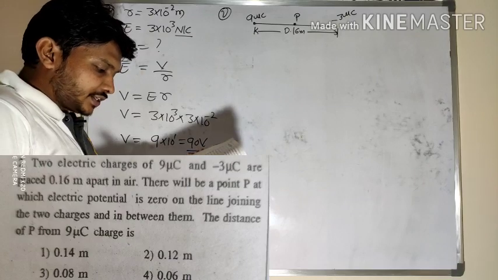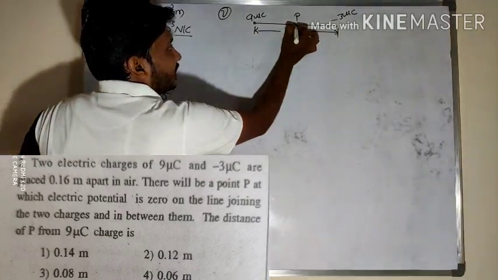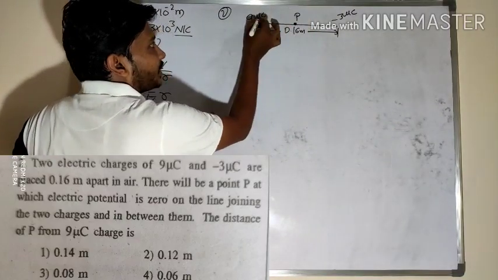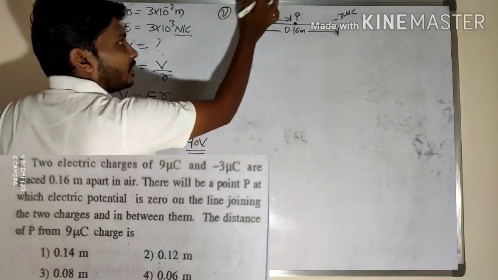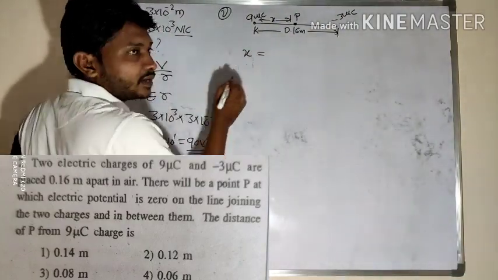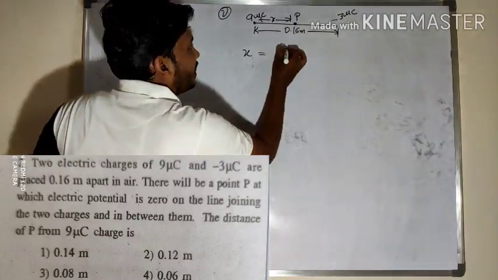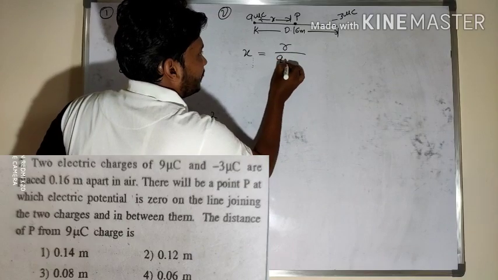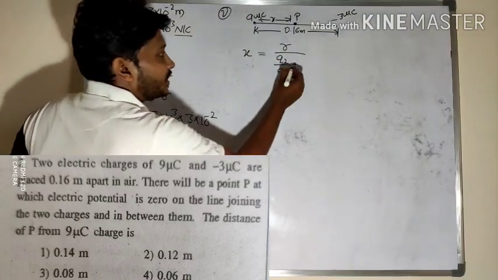Find the distance of P from the 9 microcoulomb charge. Here, for my assumption, the potential value is 0 at P. At what distance from the 9 microcoulomb charge is the potential 0? So what is the equation for that 0 potential? x is equal to r divided by, q2 by q1 plus or minus 1. Between the charges it is plus.